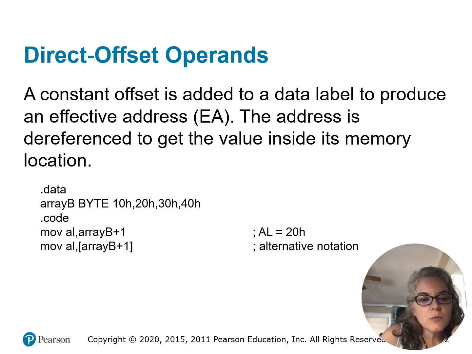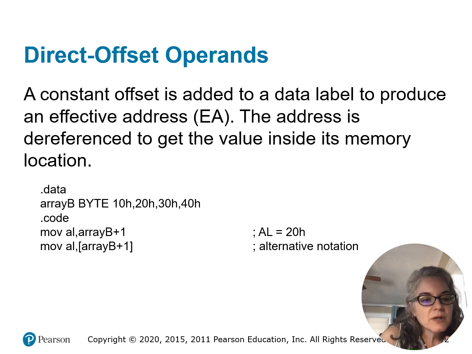To get to the 20, you have to add 1 to the name of the array. To get to the 30, you have to add 2. To get to the 40, you have to add 3. So this is arrayB, this is arrayB plus 1, arrayB plus 2, arrayB plus 3. Don't get confused. ArrayB plus 1 is not 10. ArrayB plus 1 is 20.